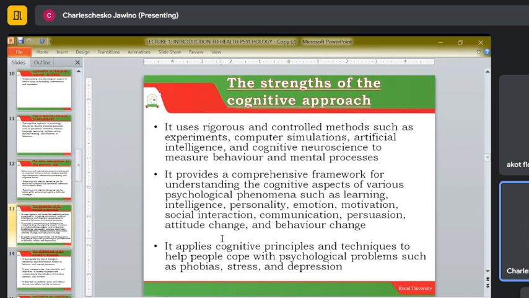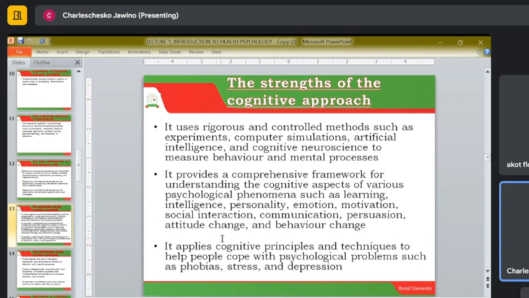Personality: are you short-tempered? Those are all personalities. How is your temper? When you get disturbed, how do you react? That is all considering personality, and that is a strength of the cognitive approach.